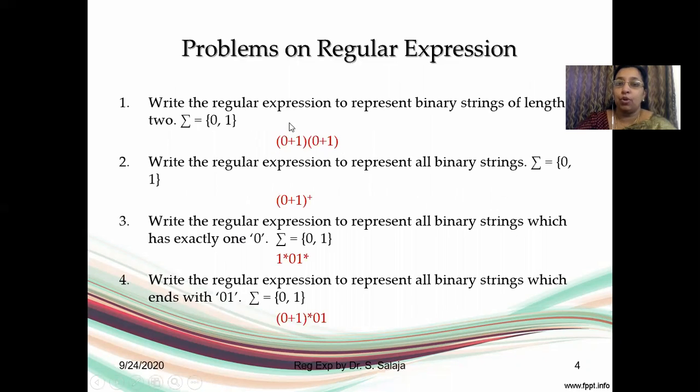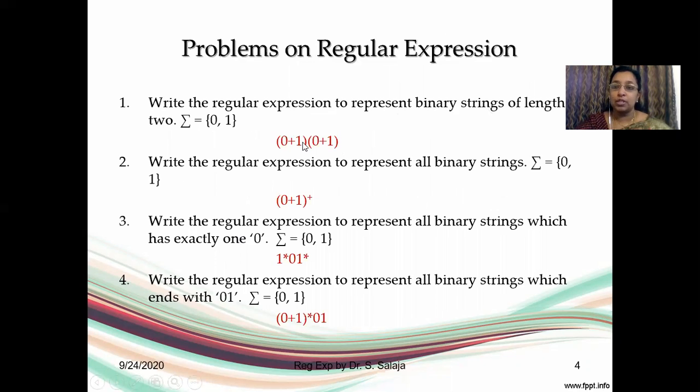Now we'll move on with problems of the regular expression. The regular expression tries to represent binary strings of length 2. So the first character can be 0 or 1, the second character can be 0 or 1. Or in other words, the binary strings will have only two characters, 0 and 1. So it can be 00, 01, 10 and 11, because you have a string length of 2.